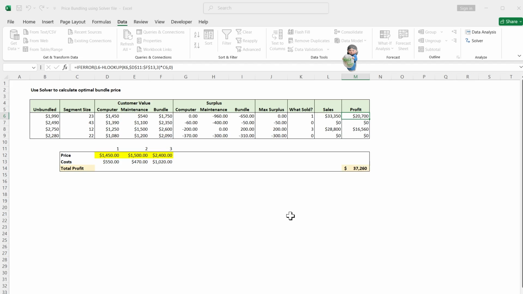Changing these, D12 to F12. And I also need a constraint. For example, these prices, I set it up not more than 2,800, and they have to be positive.